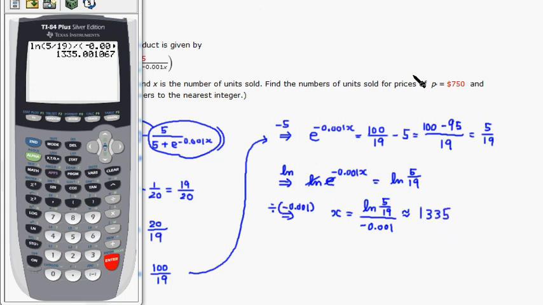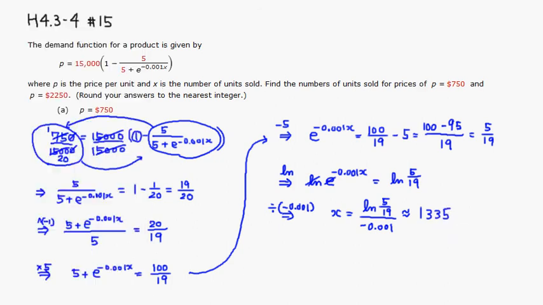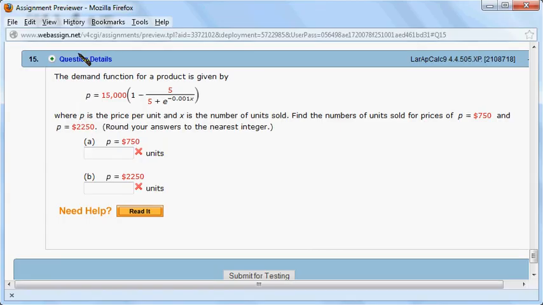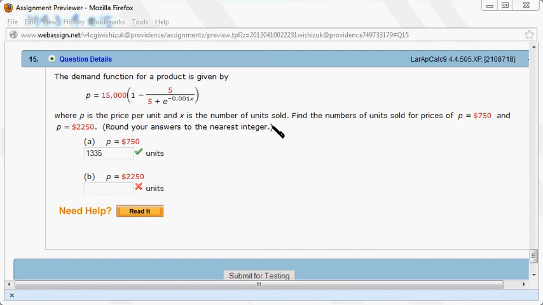So let's type it in. The answer is 1,335. Let's check the answer. It came back, looks like we got part A correctly. That's it. I hope that this was clear.